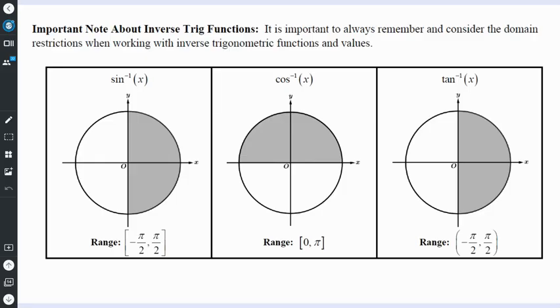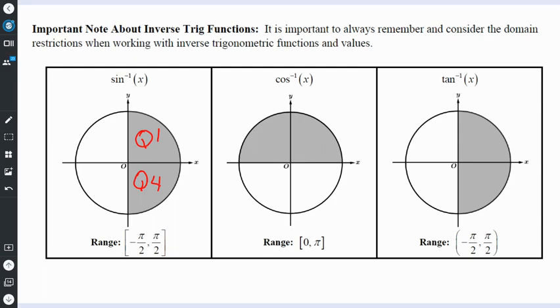Since your range for inverse of sine is from negative pi over 2 to pi over 2, your answers can only be located in quadrant 1 and quadrant 4, meaning that 5 pi over 3, 7 pi over 4, 11 pi over 6, and 3 pi over 2 should not be an answer for your inverse of sine. So instead of saying your answer is 11 pi over 6, your answer is going to be negative pi over 6, because 11 pi over 6 is not within this range. It has to match its range.